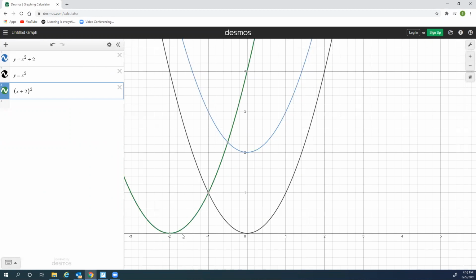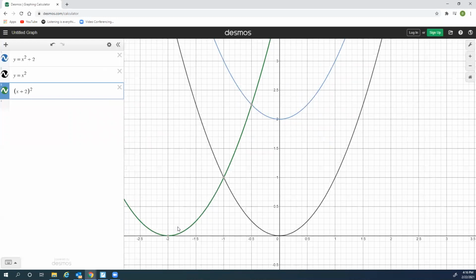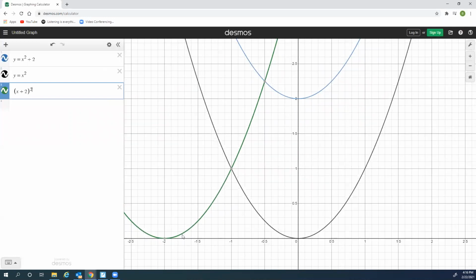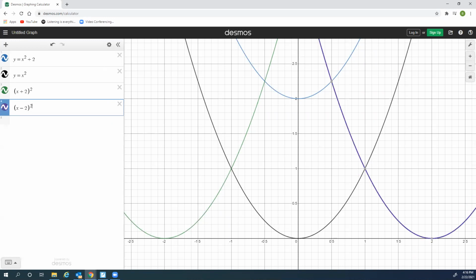Now look at this one. This one is the green one. It went to the left 2. We were adding 2, but what happened? We went to the left. So if adding 2 does that, what does subtracting do? Subtracting makes it go to the right.